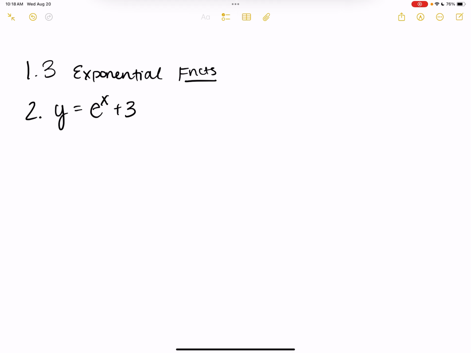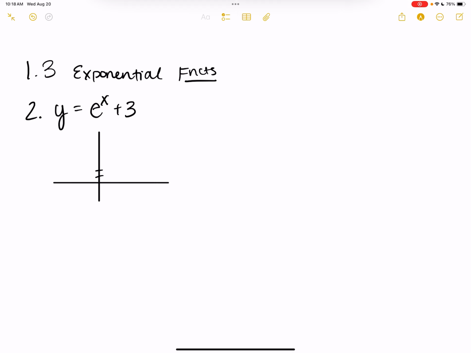But this one has the plus 3, so it would be considered outside the parentheses, like for how we normally shift things. And so this one is going to shift up 3 units. So just a rough sketch of what we need here.